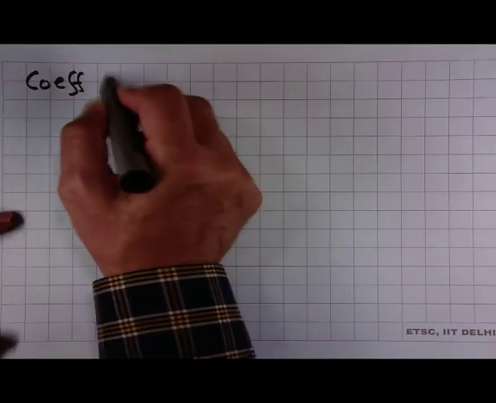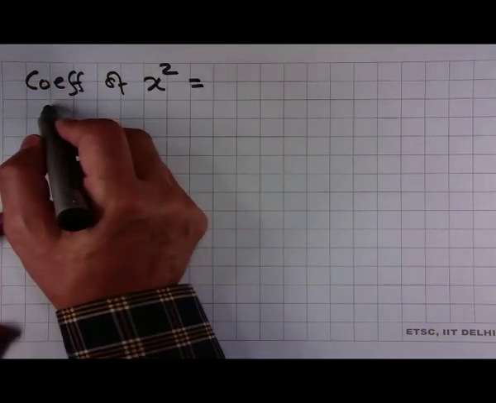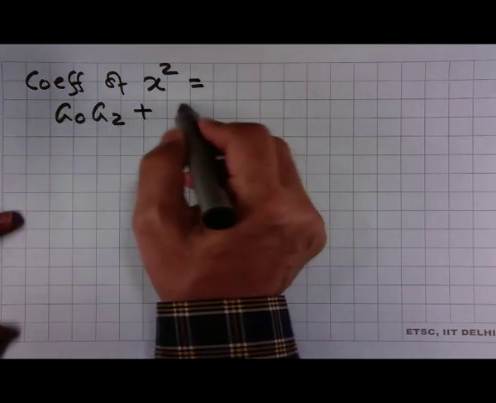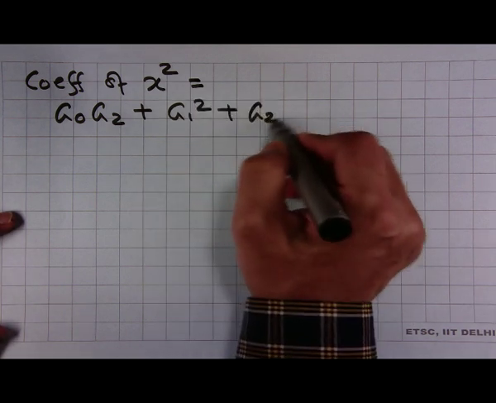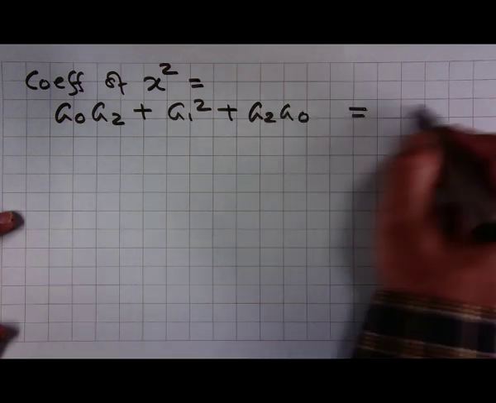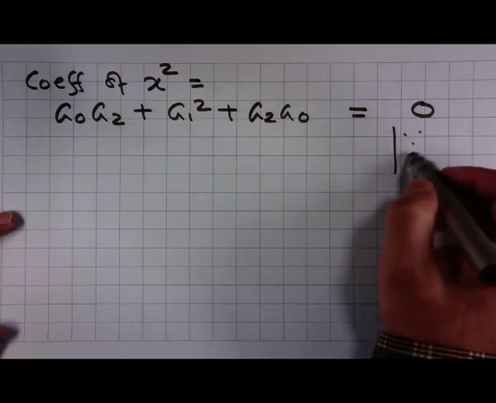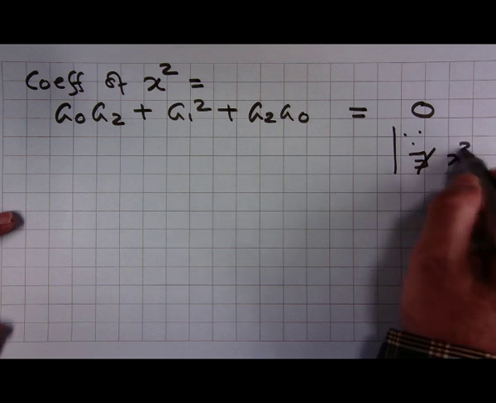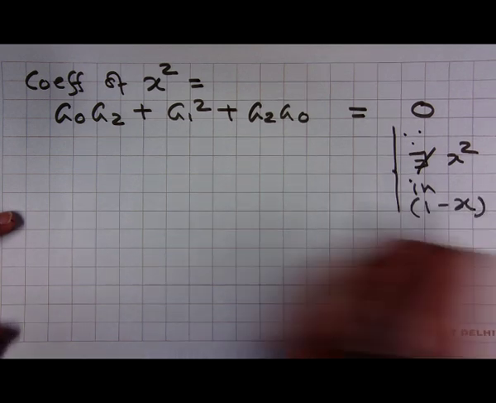Coefficient of x square is equal to a0 a2 plus a1 square plus a2 a0 is equal to 0. Why 0? Because there is no x square in 1 minus x.